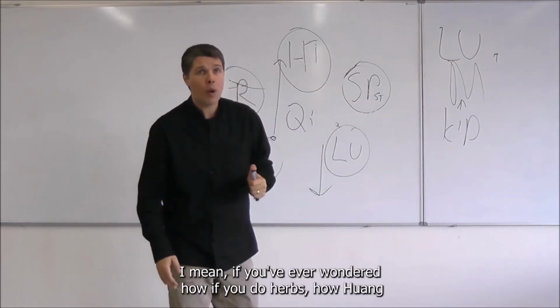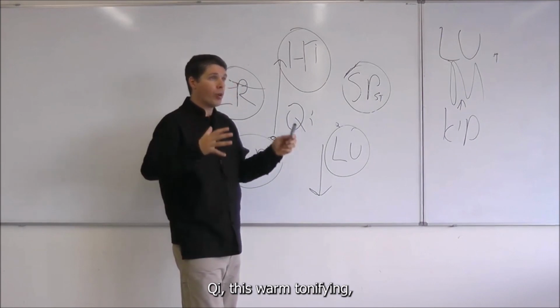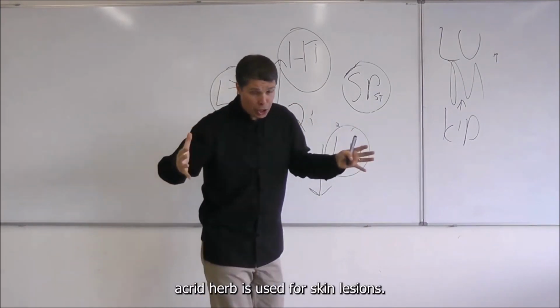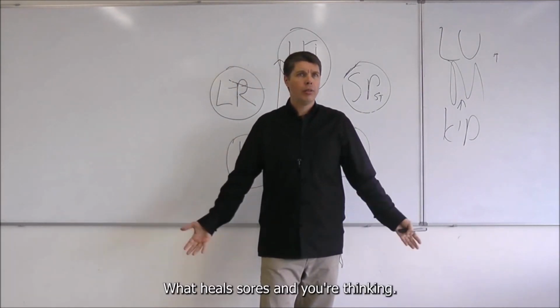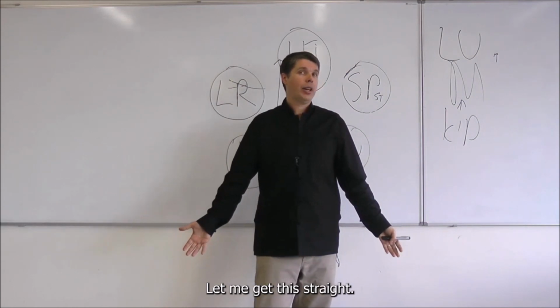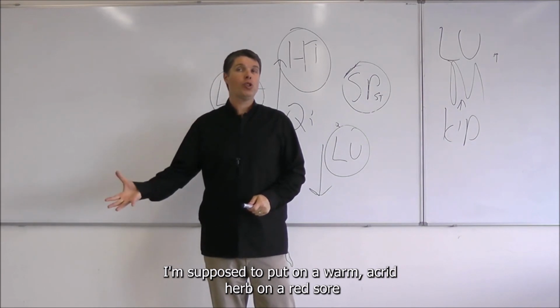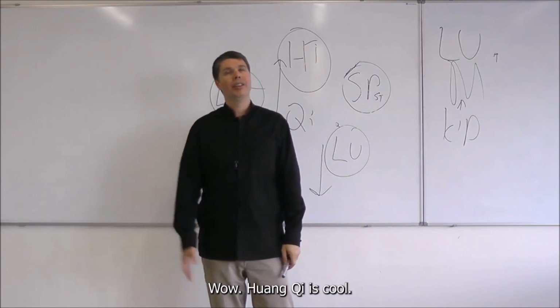I mean, if you've ever wondered how, if you do herbs, how huang qi, this warm, tonifying, acrid herb, is used for skin lesions. What? Heals sores. And you're thinking, let me get this straight. I'm supposed to put on a warm, acrid herb on a red sore, and it's going to magically treat it? Wow, huang qi's cool.